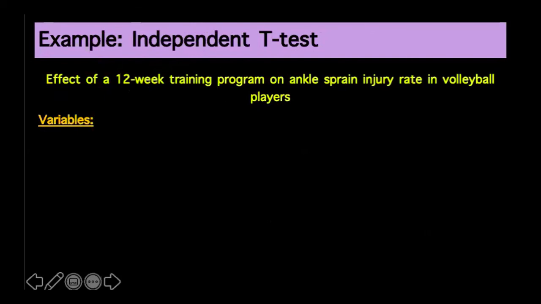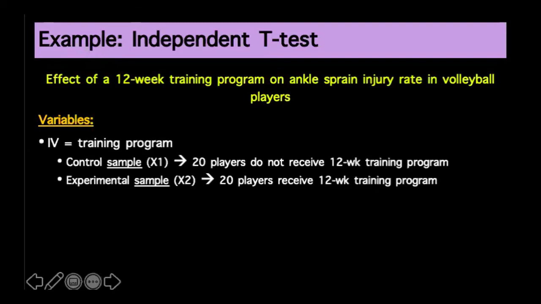Okay, so in an independent t-test, we're using different people in each sample, right? So therefore, this is a good example where we'd have a control sample and an experimental sample, right? Maybe we have equal sample sizes, right? So 20 and 20.